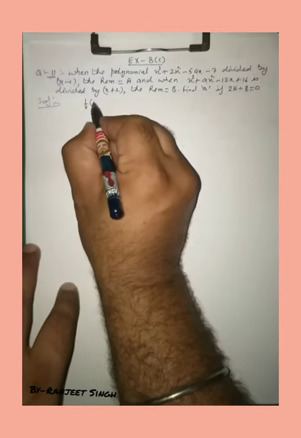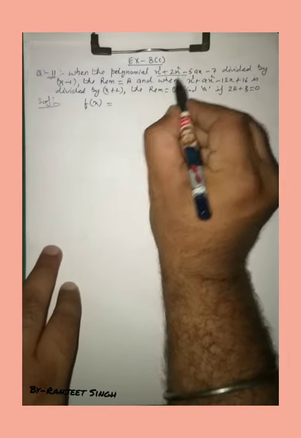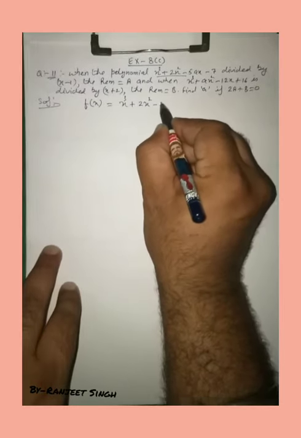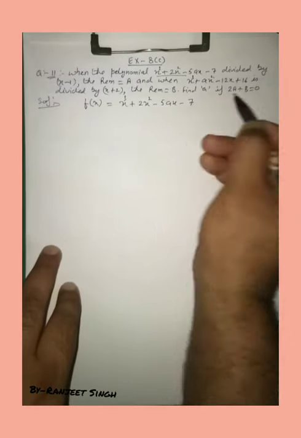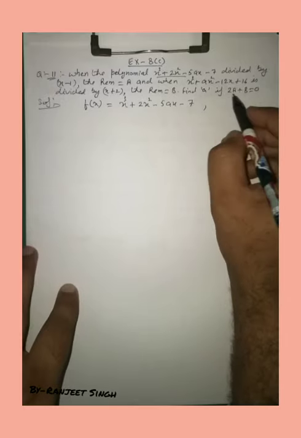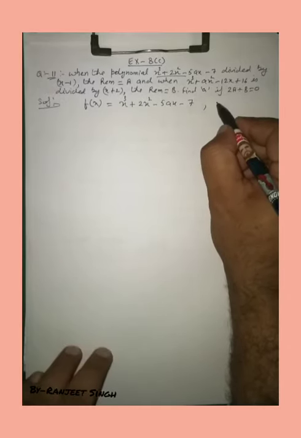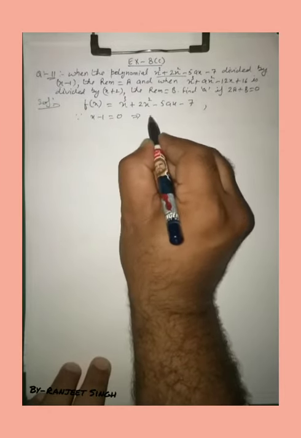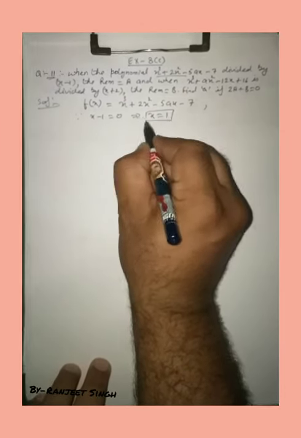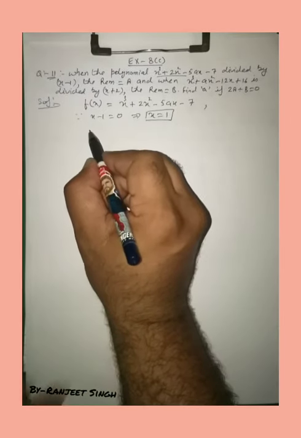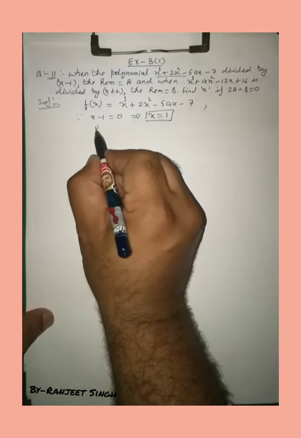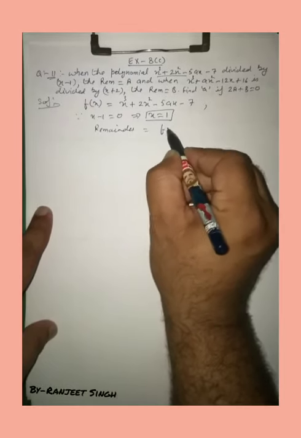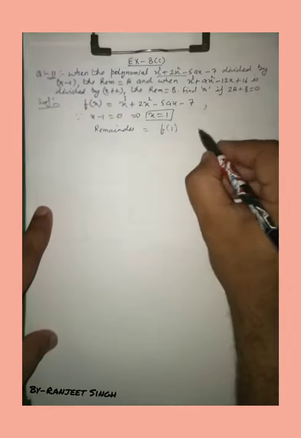f of x is given as the first expression, so that is x cube plus 2x square minus 5ax minus 7, and this is divided by x minus 1. Since x minus 1 is equal to 0, from here I get x is equal to 1. Using the remainder theorem, the remainder here is f of 1.